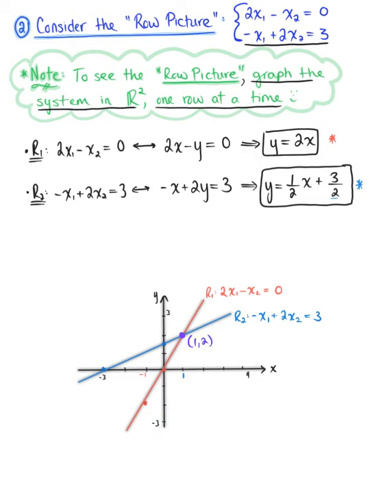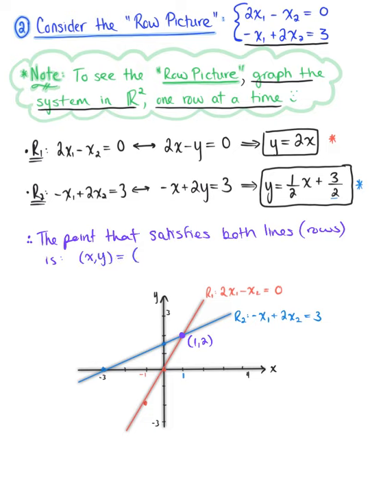So this is the solution to our system. We can conclude that the point that satisfies both lines, or both rows, is the ordered pair x, y defined as 1, 2.